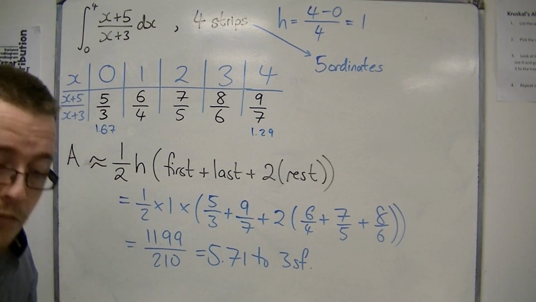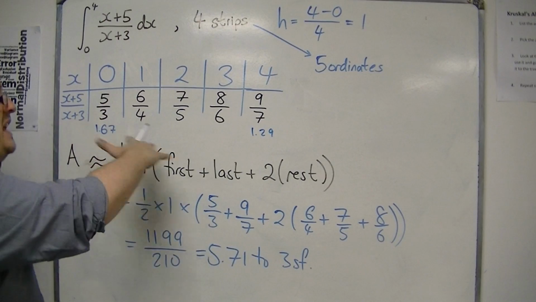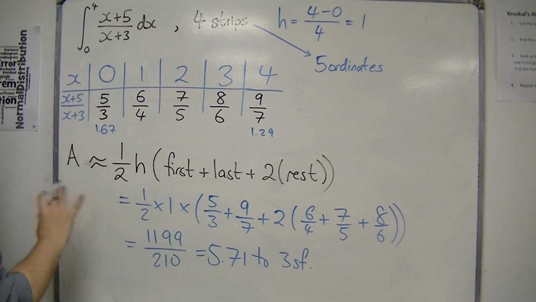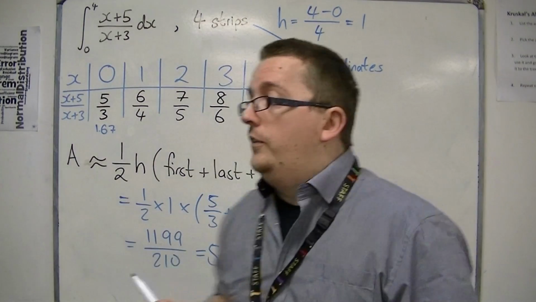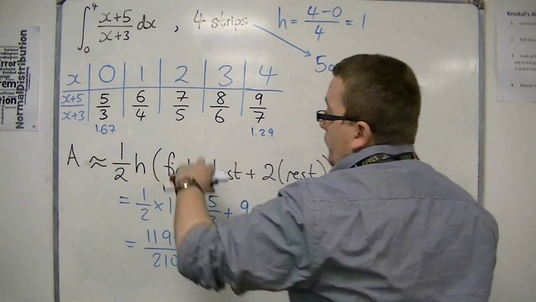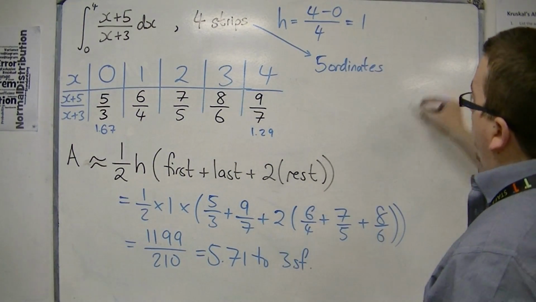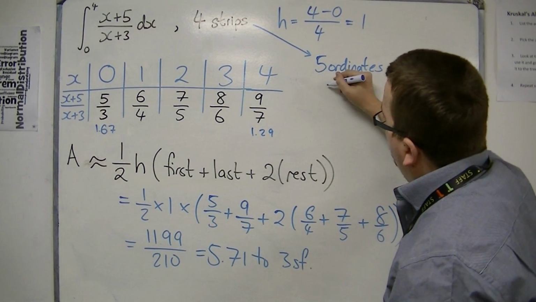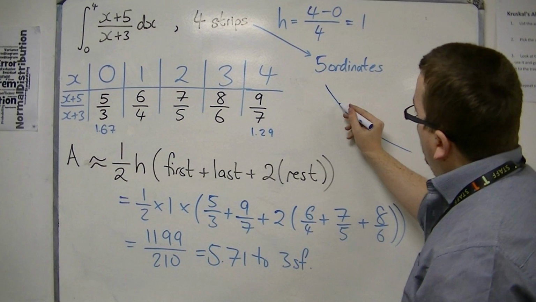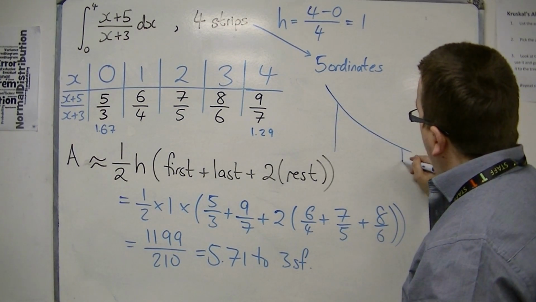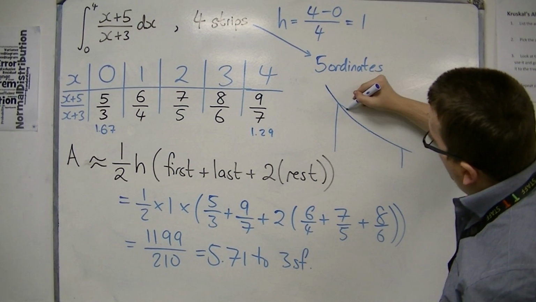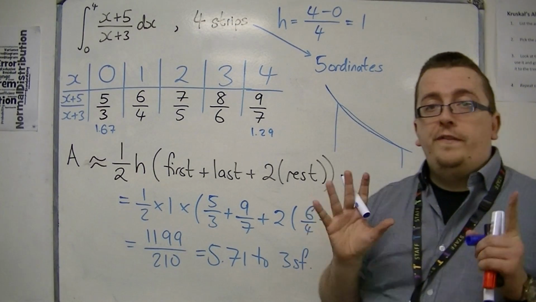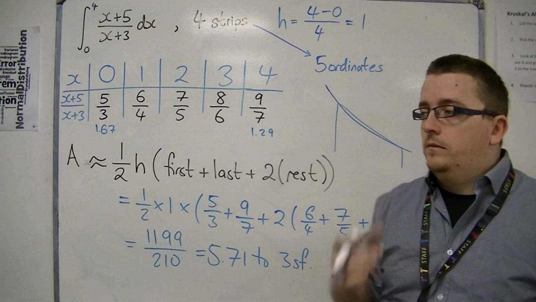And so we can see that the curve is decreasing between 0 and 4. I mean, that's not a proof that it's decreasing, but it's telling us that it has decreased, and they're not going to give you a curve that's all over the place, and so it will be a constant downward trend. And so our area that we get will be an overestimate of the actual area.